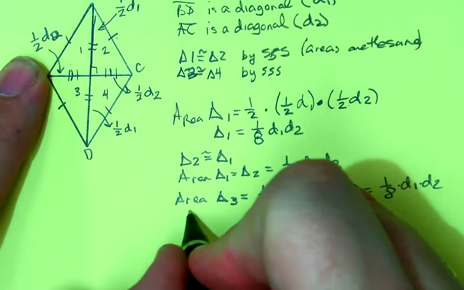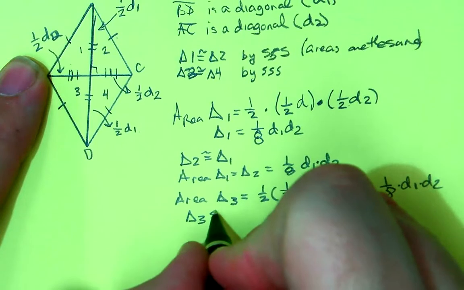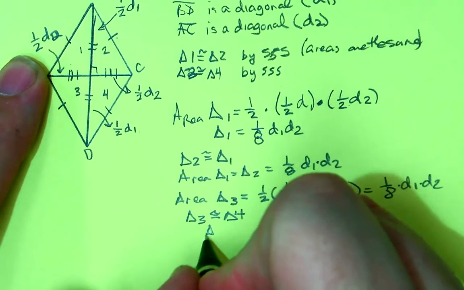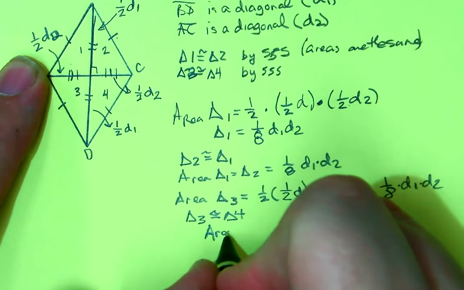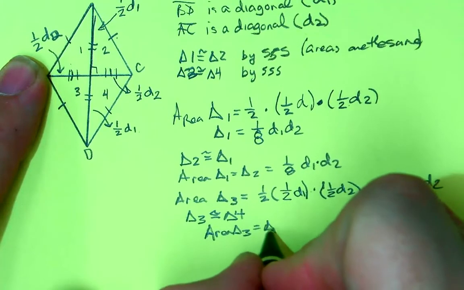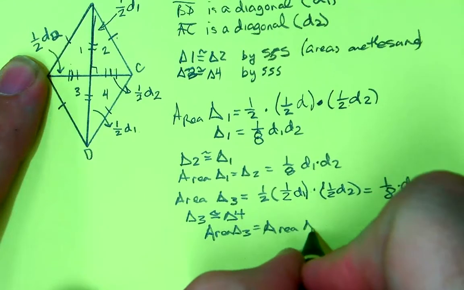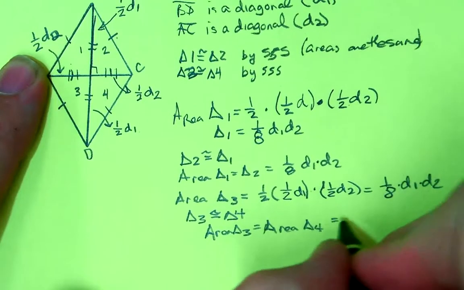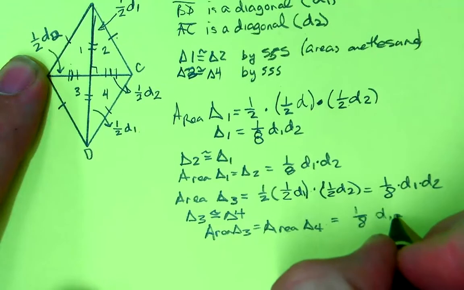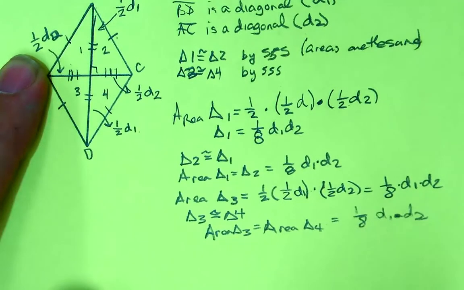And since triangle 3 is congruent to triangle 4, the area of triangle 3 is equal to the area of triangle 4, which is equal to 1/8 D1 times D2.